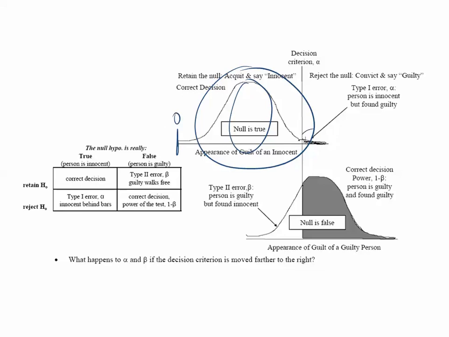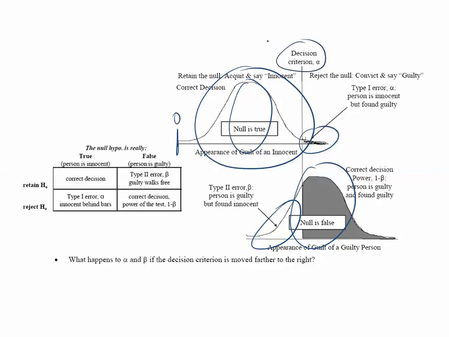But there's some up here on the right-hand side of that tail that see that there is some evidence that the person may be guilty. Now, in the second case, we have a person that is guilty, and when the jury evaluates the information, they say, boy, this person really does have some guilt involved, and there's evidence to suggest that the person is guilty. But once again, there's still some people that say there's not enough evidence to truly suggest the person is guilty. So we have to define a decision criterion.